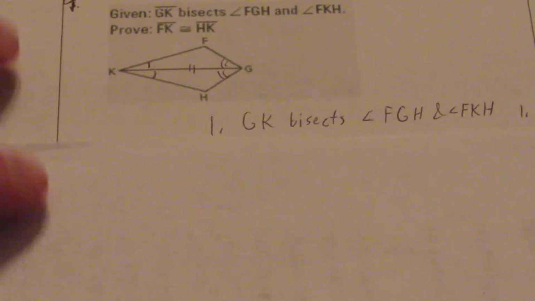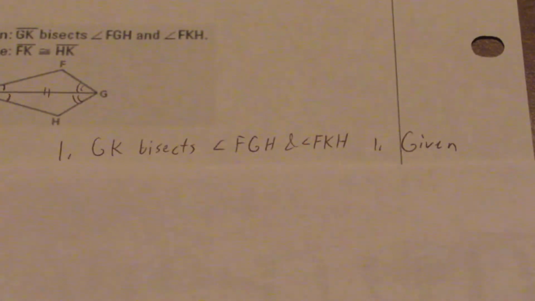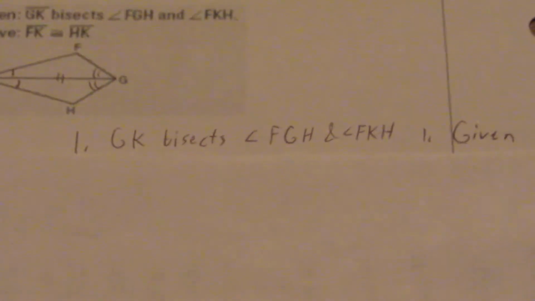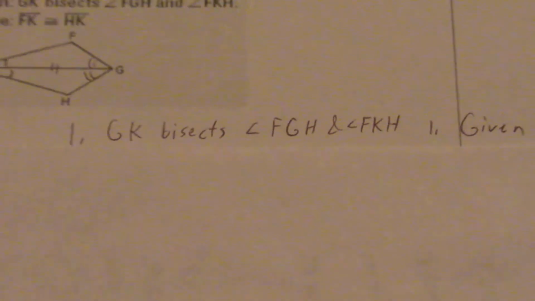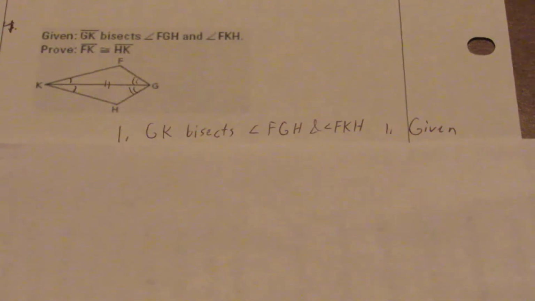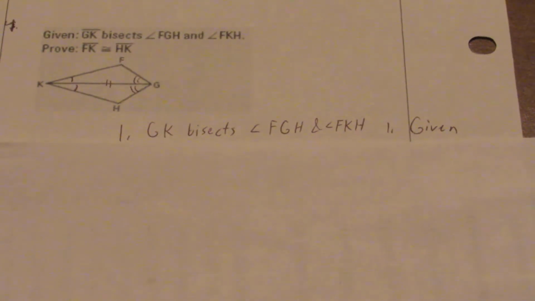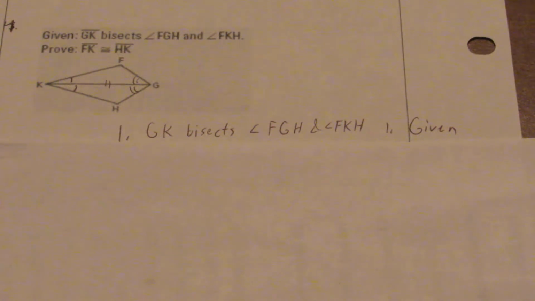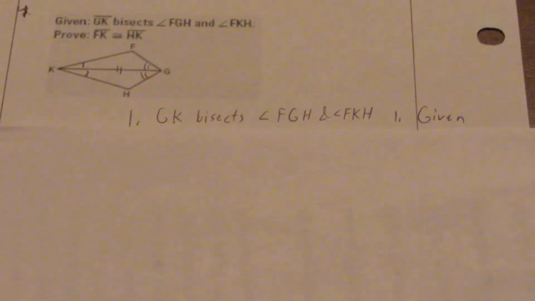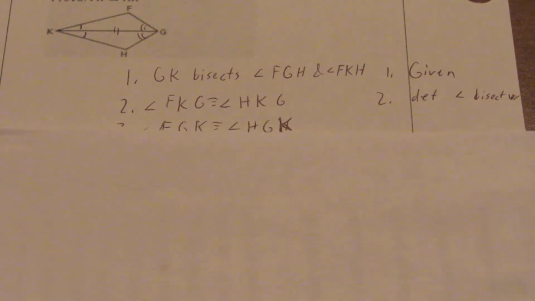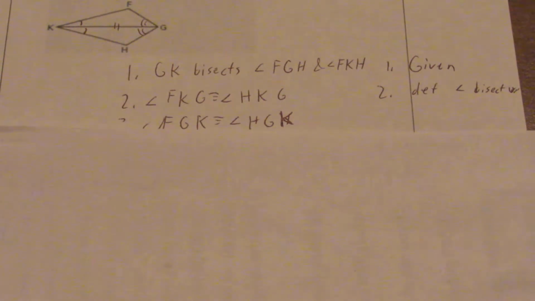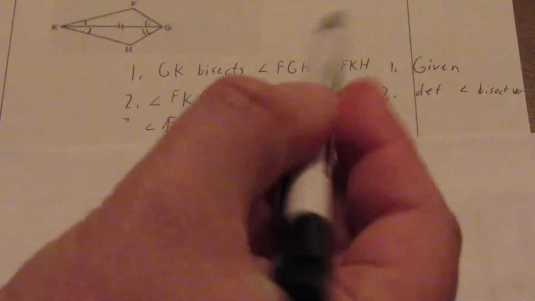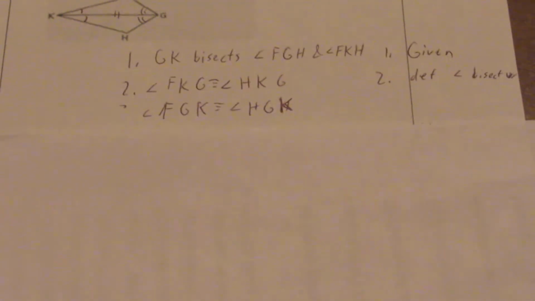So whenever I have a keyword, I want to start with what that keyword means. So bisects means cut in half, right? So I have the definition of an angle bisector because an angle is being bisected. And I have two pairs of angles that are equal, one for each angle that is bisected.